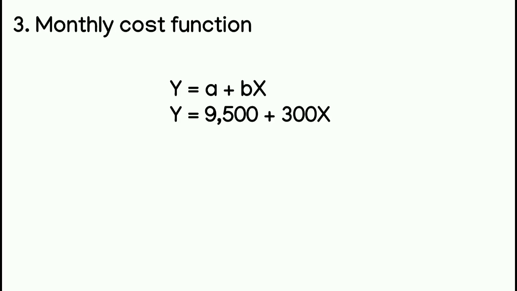And that is the answer sa number 3. Yung 9,500, yan yung total fixed cost. At yung 300, yan yung variable cost per patient. Take note, pag nagsusulat kayo ng cost function, dapat may value ang A at may value ang B.